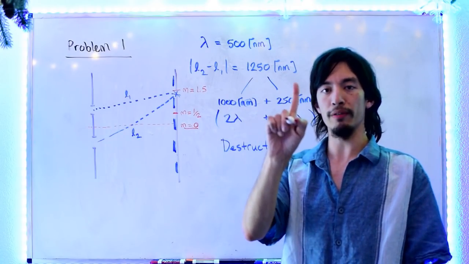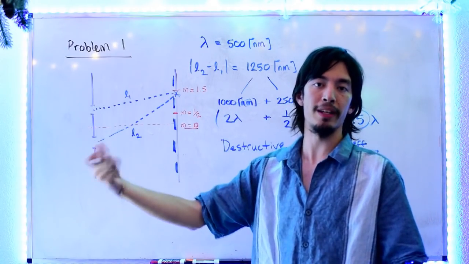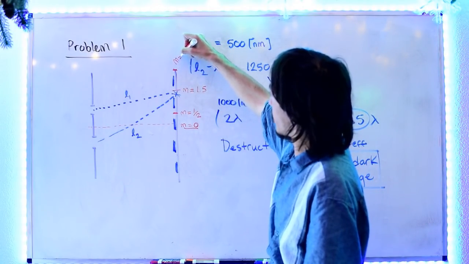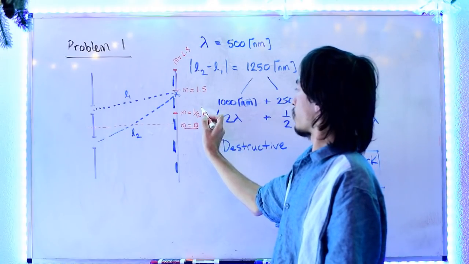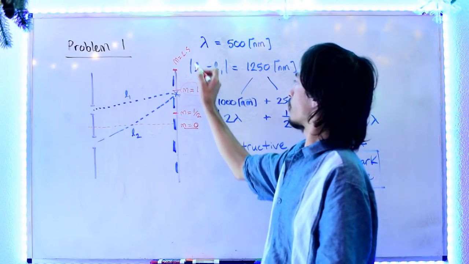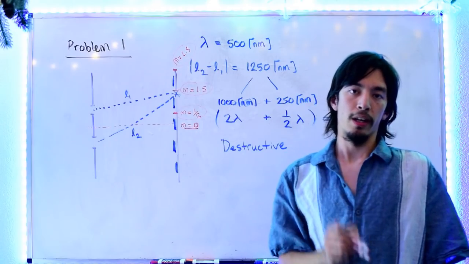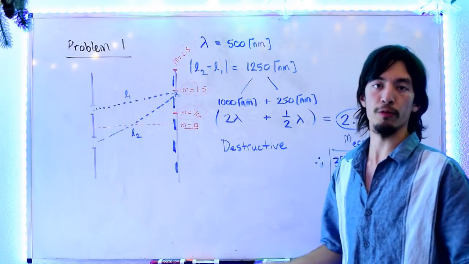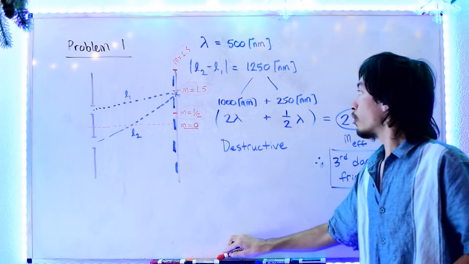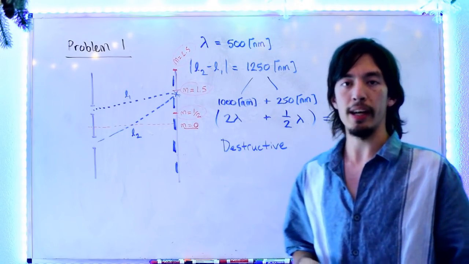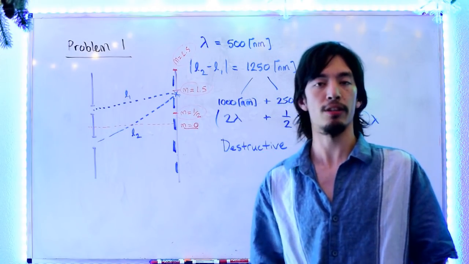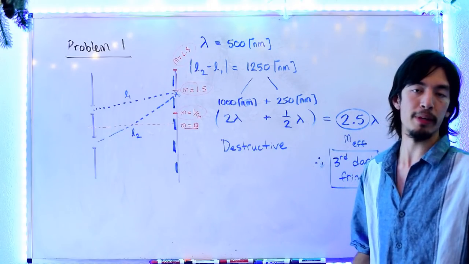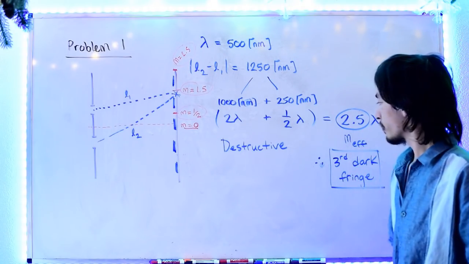So it's one wavelength plus an extra half, which makes it destructive. And then the next one is m equals 2.5. So you count 1 dark fringe, 2 dark fringes, 3 dark fringes. So that's how we arrive at the conclusion that it's the third dark fringe in that case, which you could round in this case, but depending on how you do it, rounding may not be the answer. It just happens in this case that you can round it and it ends up being the correct answer.